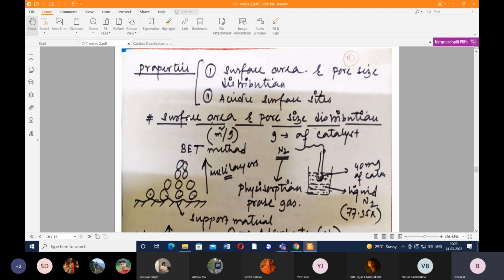Generally, activated carbon has a very high surface area, but there are several operational difficulties with activated carbon-based materials. That's why in most reactions we don't prefer to use activated carbon as a support material. If we are handling activated carbon, we are limited to a certain temperature. That means we cannot carry out the reaction beyond 400 or 450 degrees Celsius.